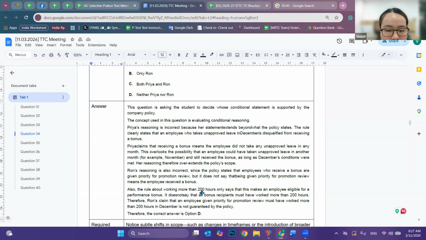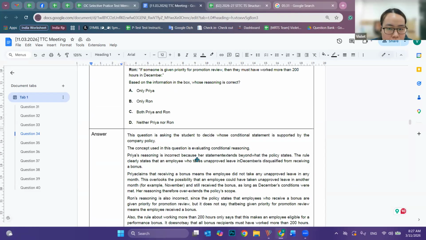Also, working more than 200 hours only makes an employee eligible for a performance bonus. It does not say that all bonus recipients must have worked more than 200 hours. So option D is the correct answer.